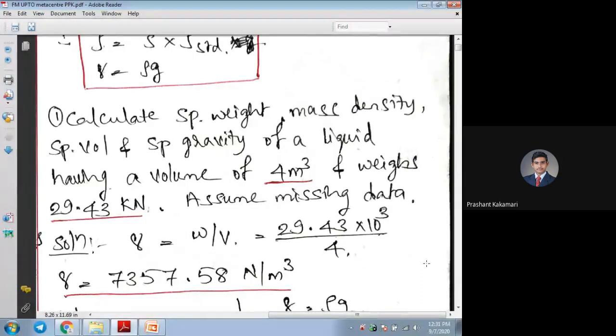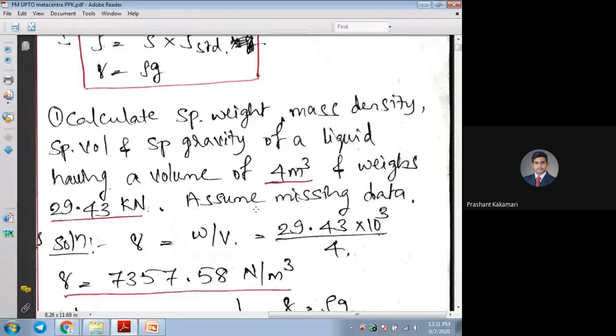Of a liquid means whatever definitions we have discussed now, 4 definitions, only on that is the problem. Of a liquid having volume of 4 meter cube. So volume is given in meter cube, no need to worry about this. Directly you have to substitute 4 meter cube, and weighs 29.43 kilonewton. This is the weight given in kilonewtons, means you have to take 29.43 into 10 raised to 3 newtons.